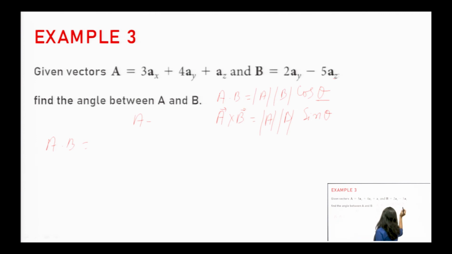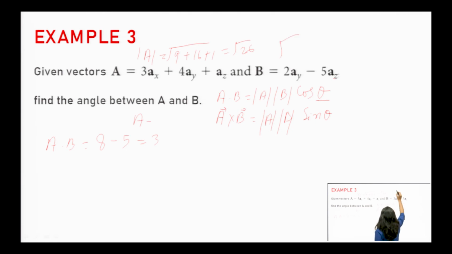Now as we know that cos 0 is 1, we will consider the similar components. So 4ay multiplied by 2 gives 8, then az and minus 5 gives minus 5, so the total will give 3. Now individually the magnitude of a will be root under 3 square, 9, plus 16 plus 1, it will be root under 26.